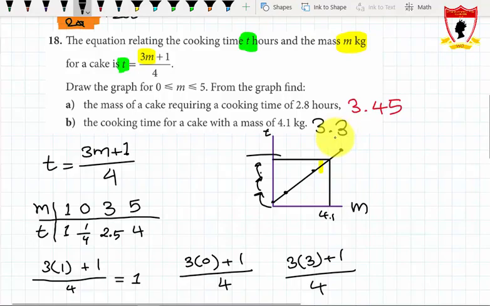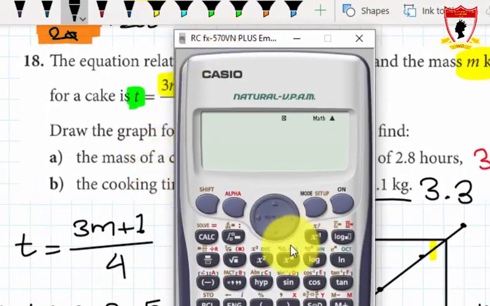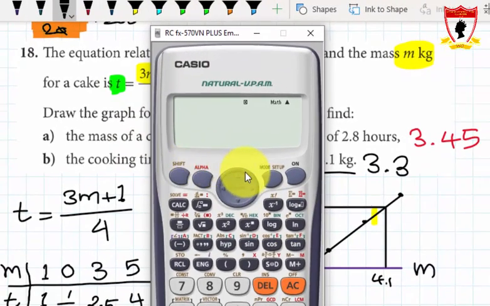To check your answer, we can use the equation. How? In part A, we found the mass. It means this 3.45 is the mass, so we can substitute this 3.45 in place of m. We need to get something too close to 2.8.